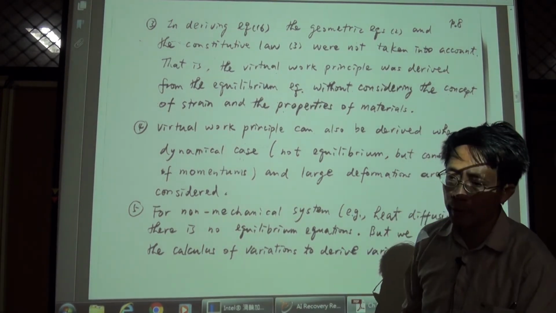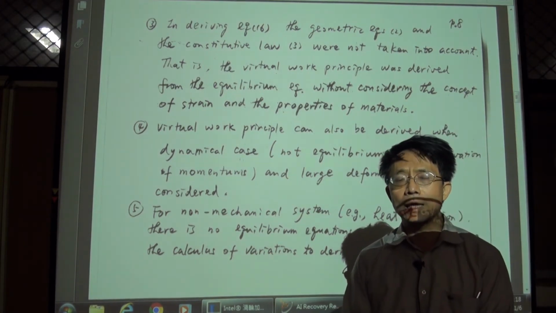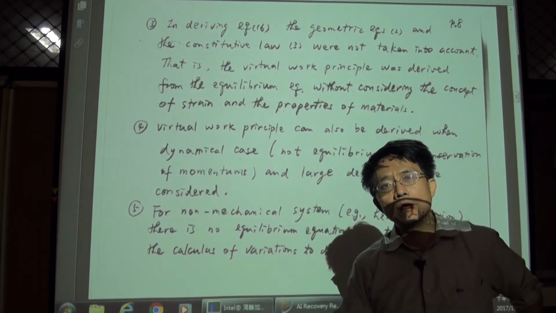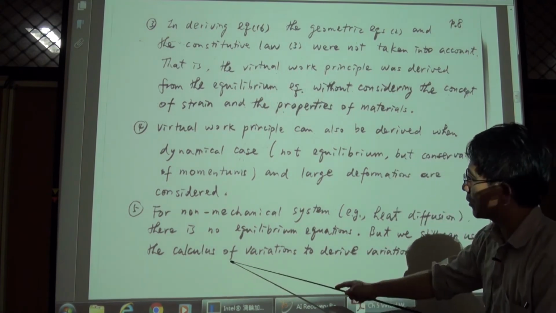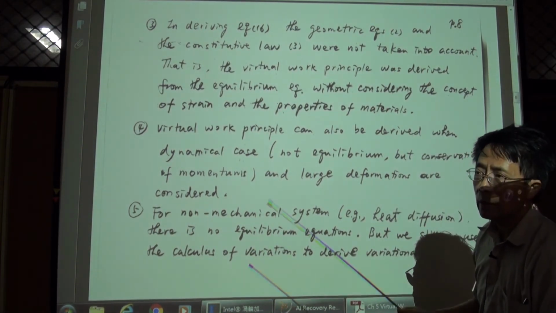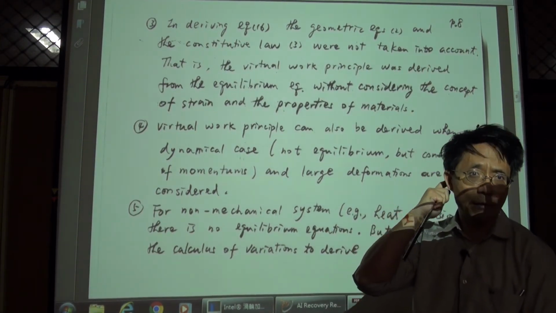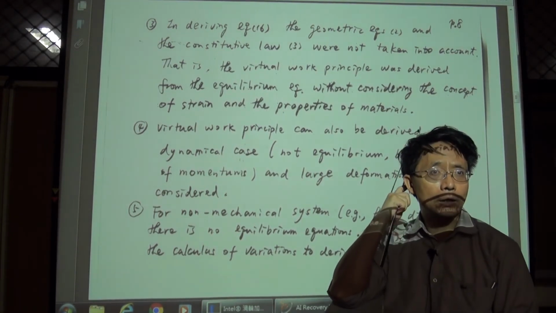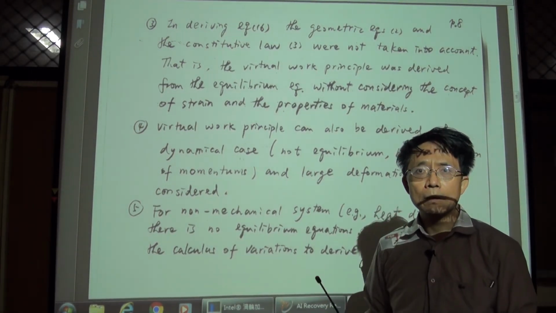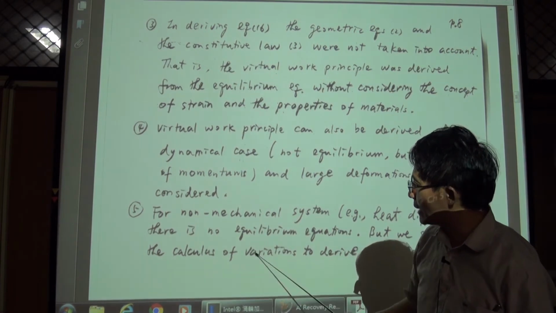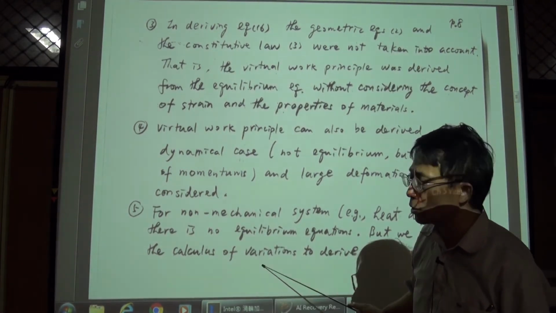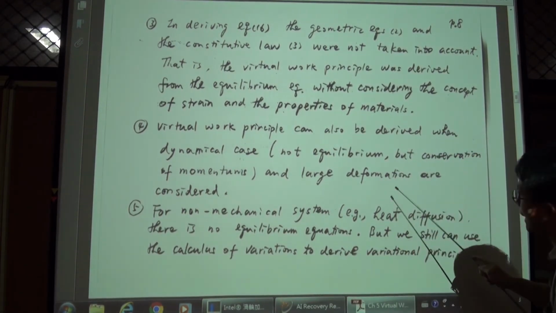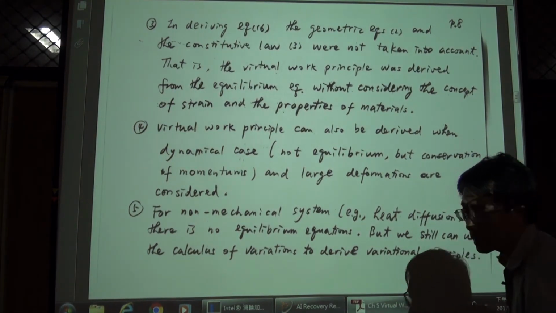So the virtual work principle is only one special case of the theory of calculus of variation. The virtual work principle has more mechanical interpretations, but to apply similar calculations, we sometimes don't need to have mechanical meanings at all.